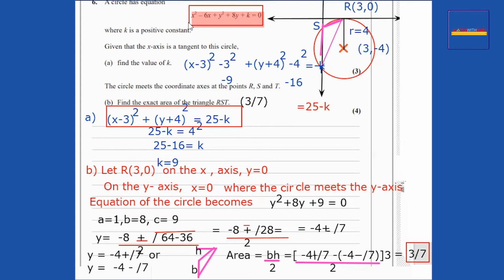When we simplify this, the minus 4's cancel off, and we end up with 2 root 7. So 2 root 7 into 3 over 2 is simply going to give us 3 root 7. And that is our final answer.